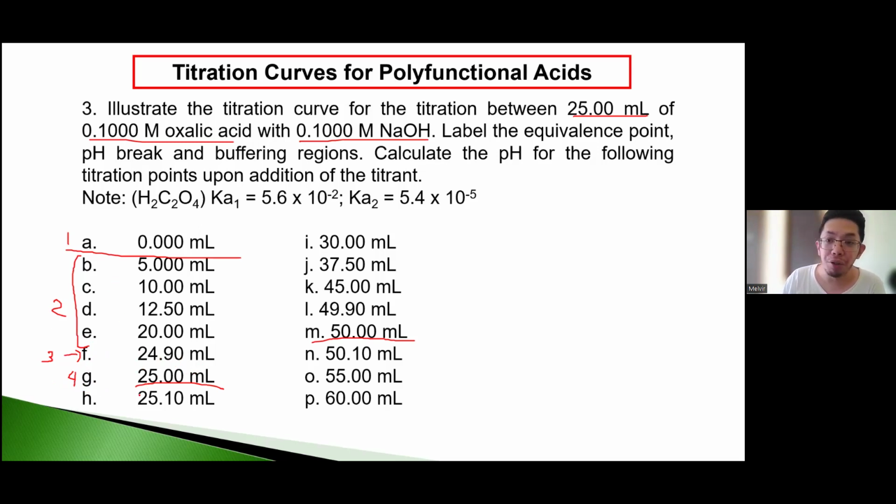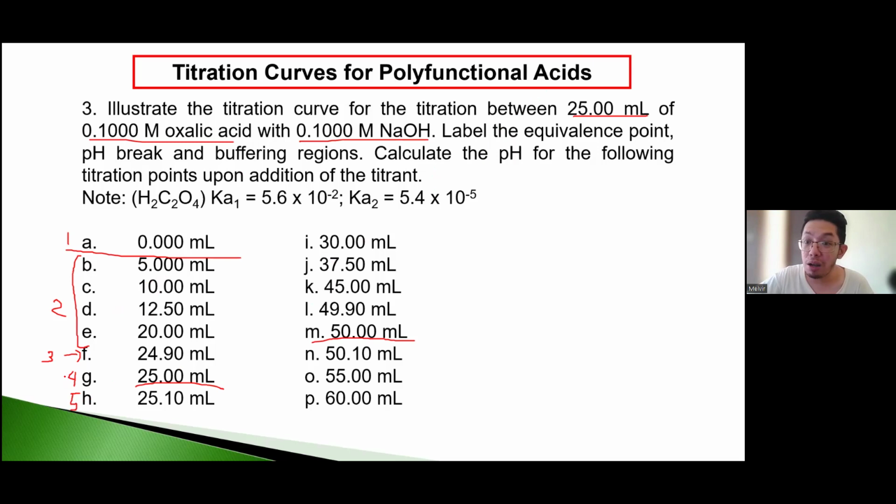So, up to the first equivalence point, we now have 4 calculation methods for polyfunctional acids: the initial, the first buffer, just right before the first equivalence point, and the first equivalence point. The fifth will be just right after the first equivalence point. If you will recall, the third and fifth calculation methods involve the use of mass balance and charge balance equations.